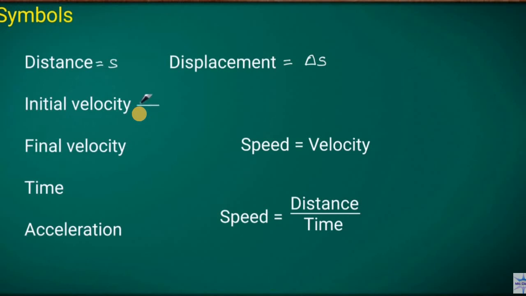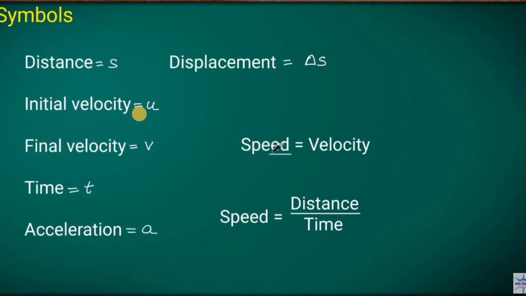So the initial velocity is denoted by u, whereas the final velocity is denoted by small v. Time is denoted by small t.